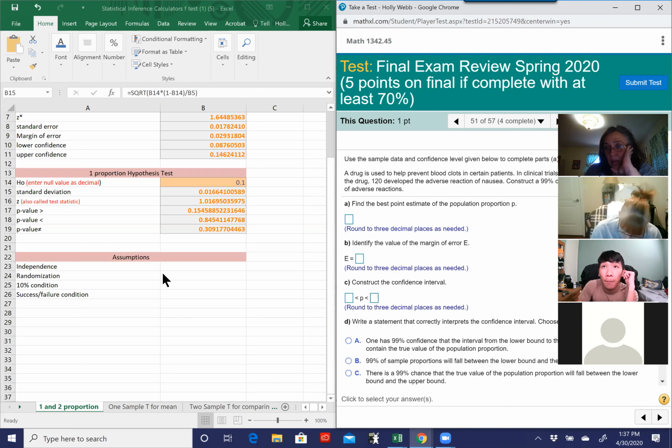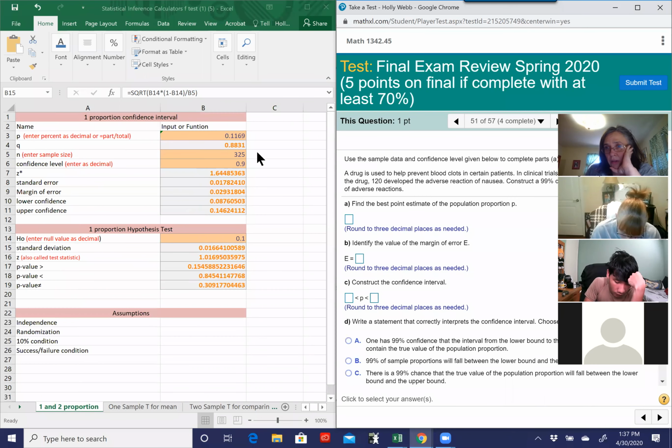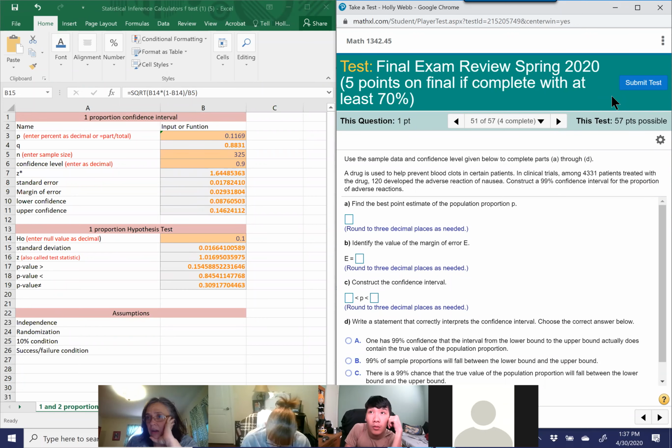So we're going to use, again, the 1 proportion calculator on the first page, just to get a confidence interval. It's not a test this time. We're just trying to estimate the population proportion of people who experience nausea. We're not testing a hypothesis here.